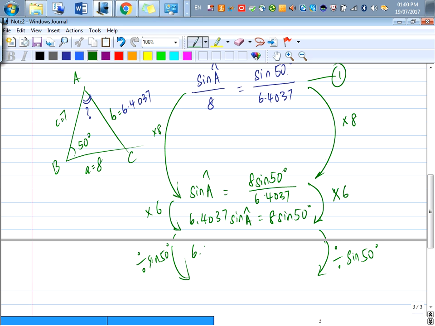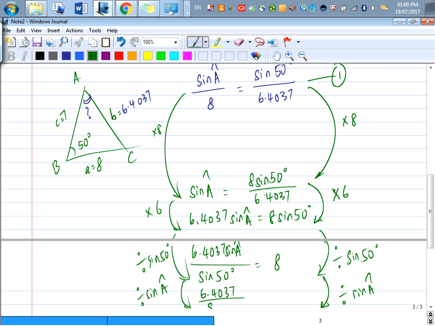Okay, then I'll get 6.4037 sine A over sine 50 equals 8. Next step, I'm going to divide by sine A. And I will arrive at 6.4037 over sine 50 equals 8 over sine A. You get it?